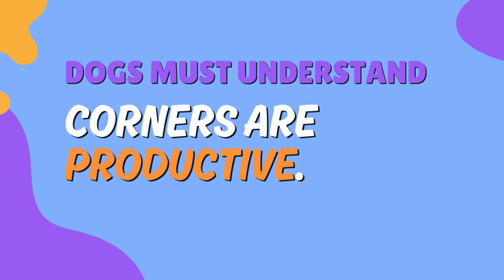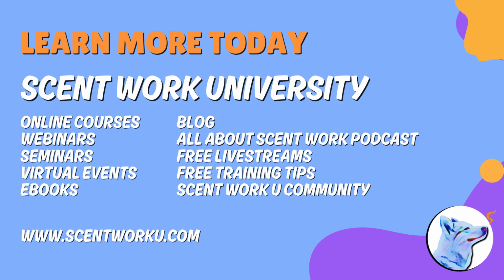But additionally, we may want to be setting hides away from those corners and potentially using our airflow, whether it be knowing where the wind is going for an exterior search, or using floor fans for an interior search to push that odor into the corner to help our dog understand whether a hide is there or not. Those corners can have a lot of information that they can use in order to work their way back to source.